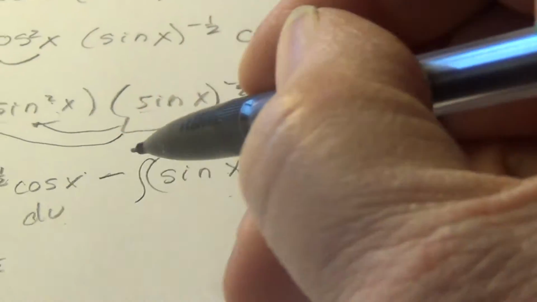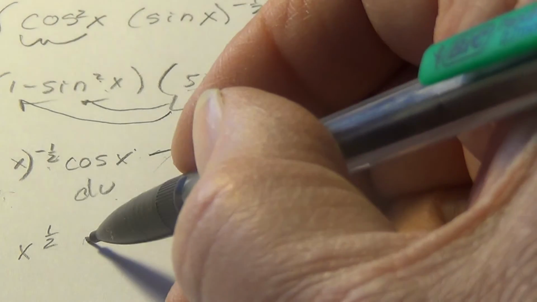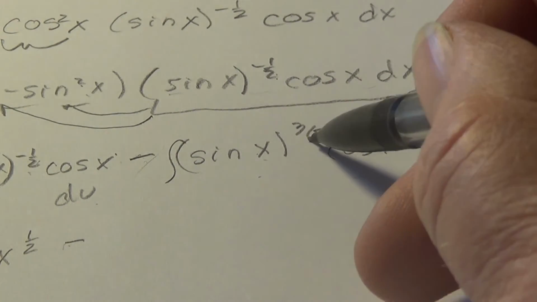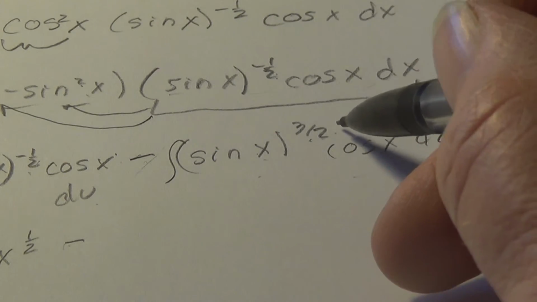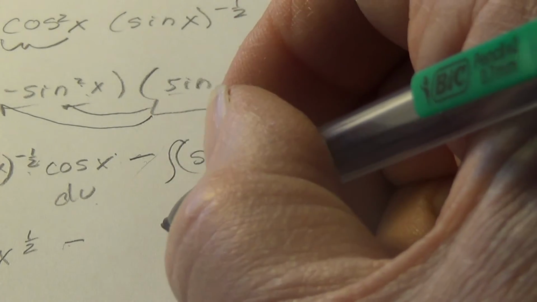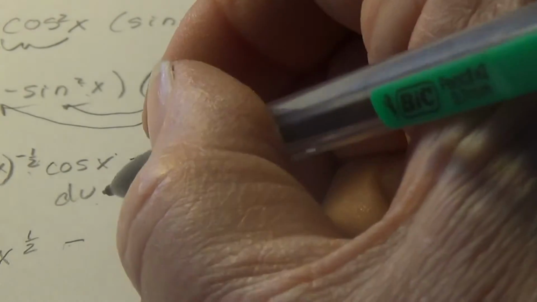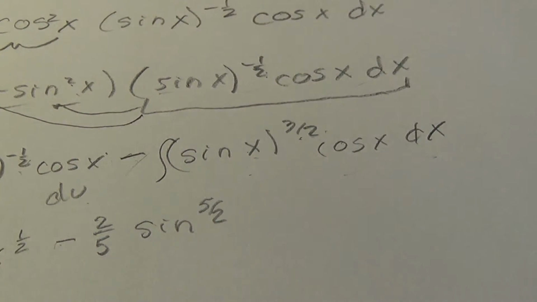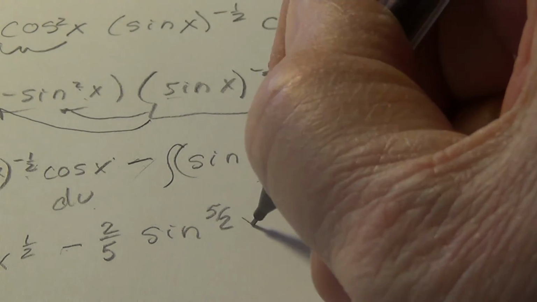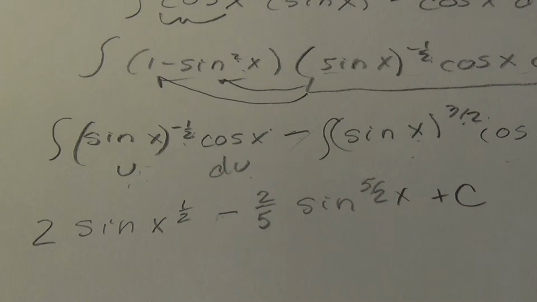And this one will have a negative, and from this, when we distribute it, there is a negative. Our u to the 3/2 will increment by 1, so it'll be 3/2 plus 2/2. And so we'll have sine to the 5/2 divided by 5/2 or multiplied by 2/5, plus C.